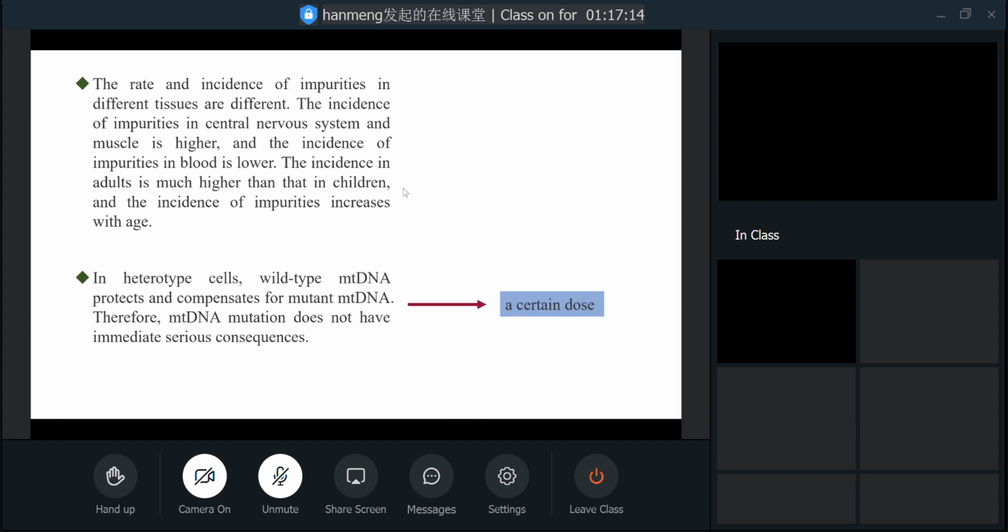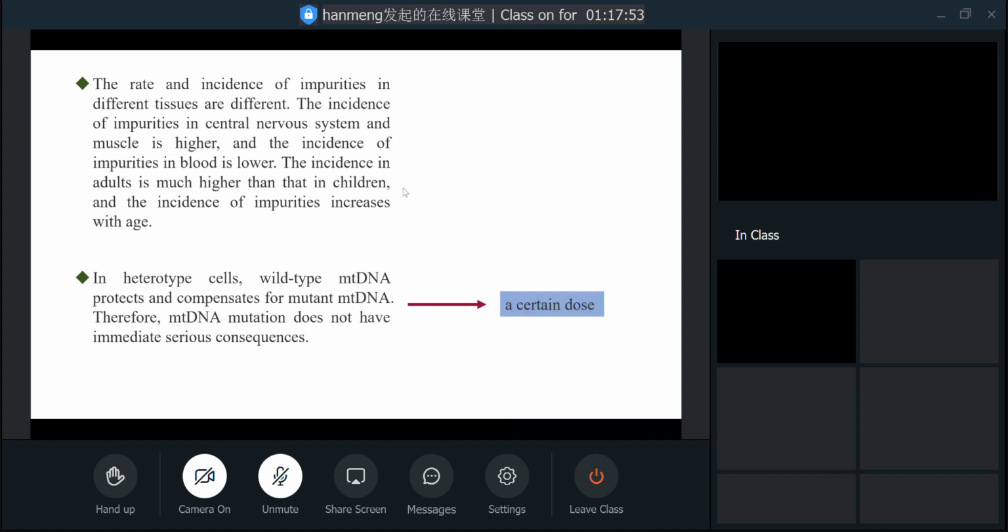Because I talked about them before, the brain and the muscle need more energy, so they have more mitochondrial quantity. The incidence of impurities in central nervous systems and muscle is higher, and the incidence of impurities in blood is lower. The incidence in adults is much higher than that in children, and the incidence of impurities increases with age.